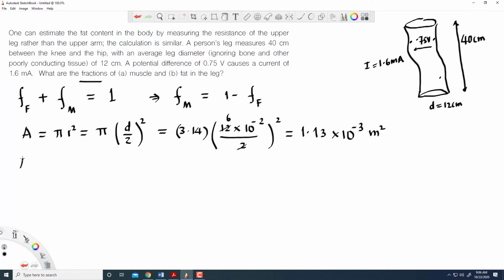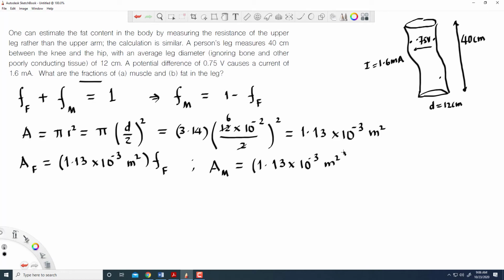So the area of fat would be that times the fraction. So 1.13 times 10 to negative 3 meters squared, that's the total area. If you multiply that by the fraction of fat, that will give you the area of the fat, and the area of muscle is the total area times the fraction of the muscle, which is F sub m.